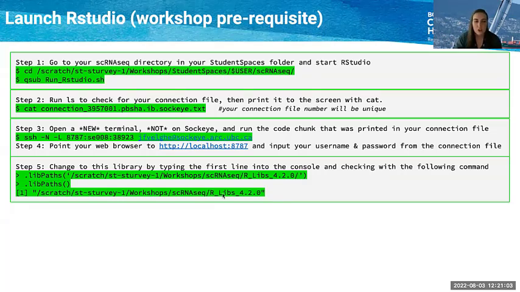So you need to set your lib path, your library, to this library that I've made here, which contains the critical packages we need to run what we're running today. To check that, you just type in .libPaths and then hit enter, and you should see this in your console.